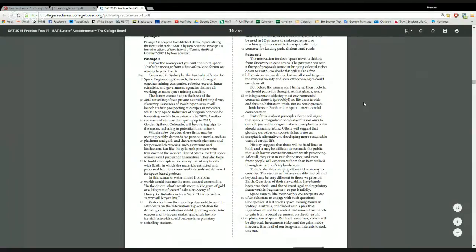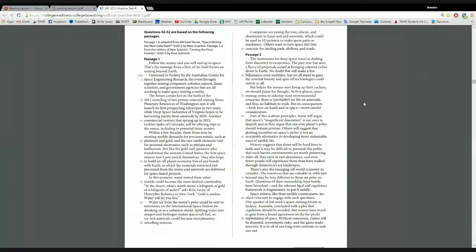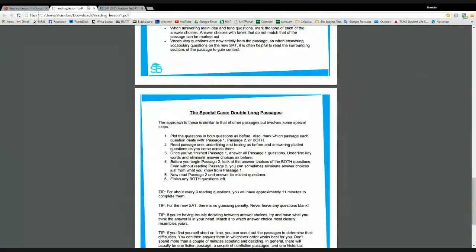Okay, so here's a double passage, and here's some more practice. Plot the questions in both passages as before, and also mark which passage each question deals with: passage 1, 2, or both.